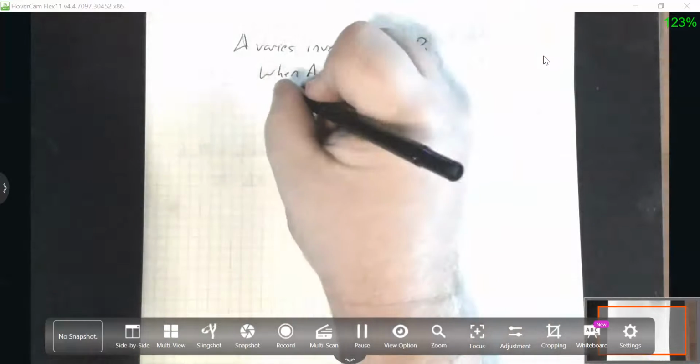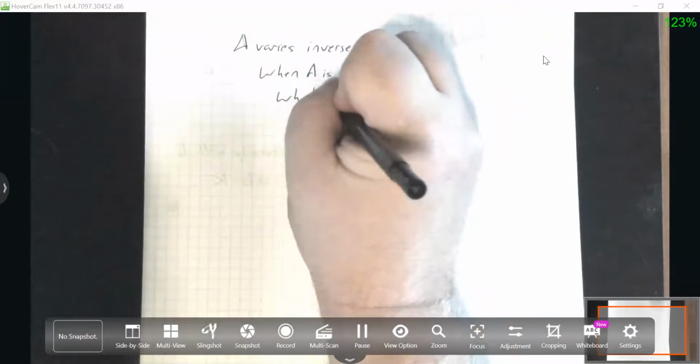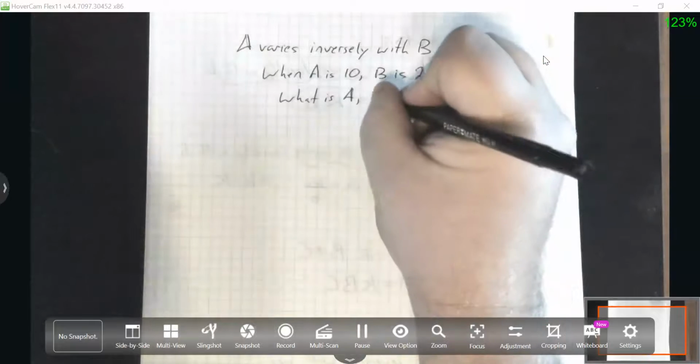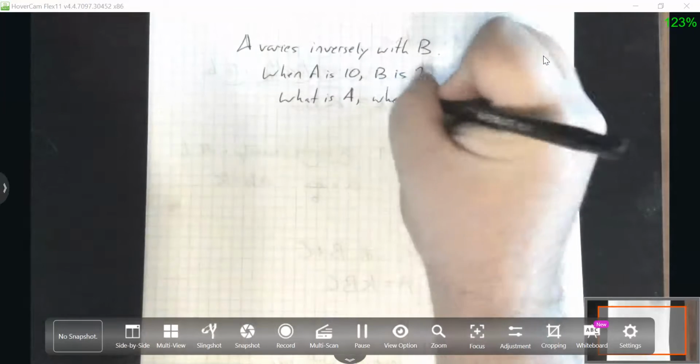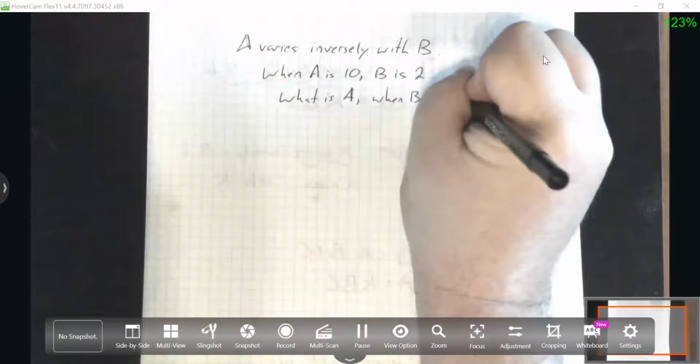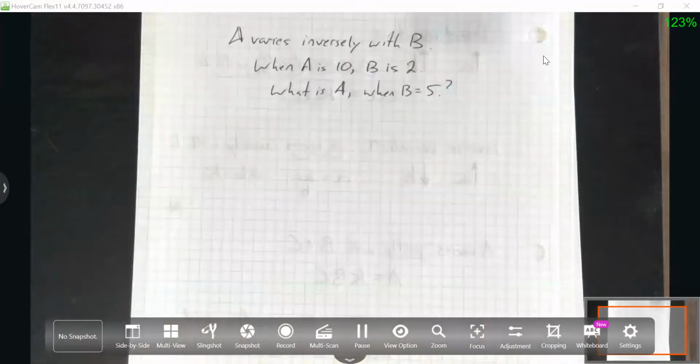And they're actually asking us what is A when B equals 5. So these kind of problems are relatively simple. This is one of our basic forms of working with inverse variation.